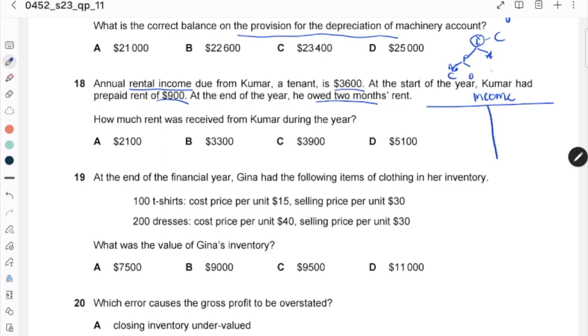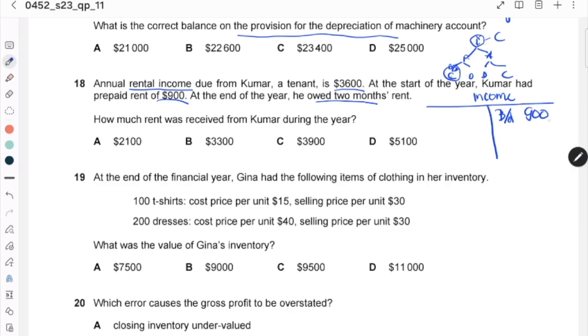At the start of the year, prepaid 900, so put it here as balance BD 900, on the credit side.